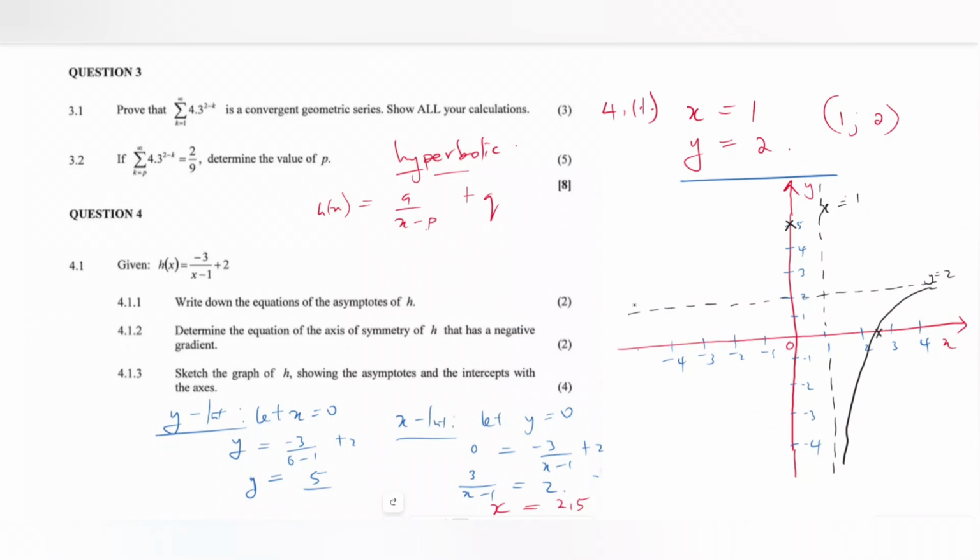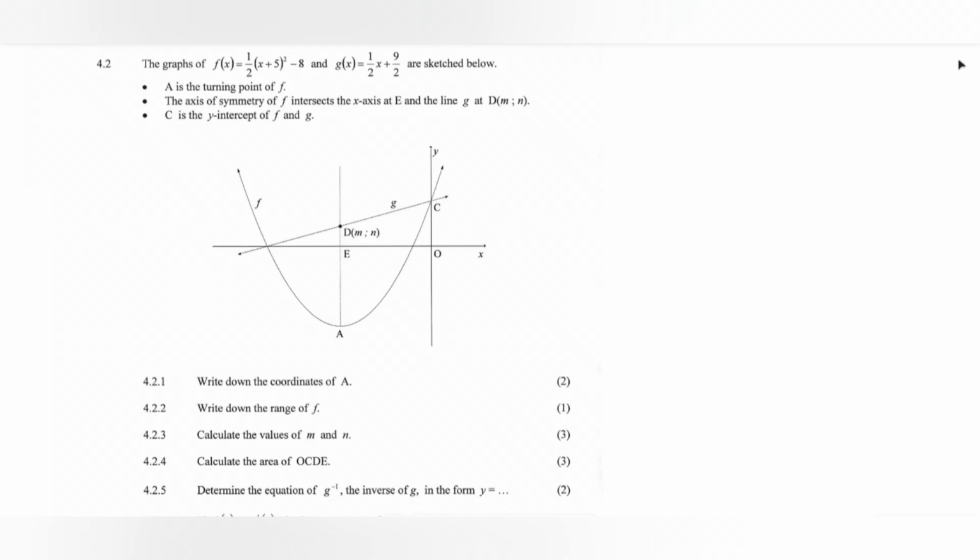Then this side is also between the asymptote lines, but passing through the intercepts like that. So your marks are from the asymptotes, then your intercepts, as well as the shape of the graph, the hyperbolic shape.